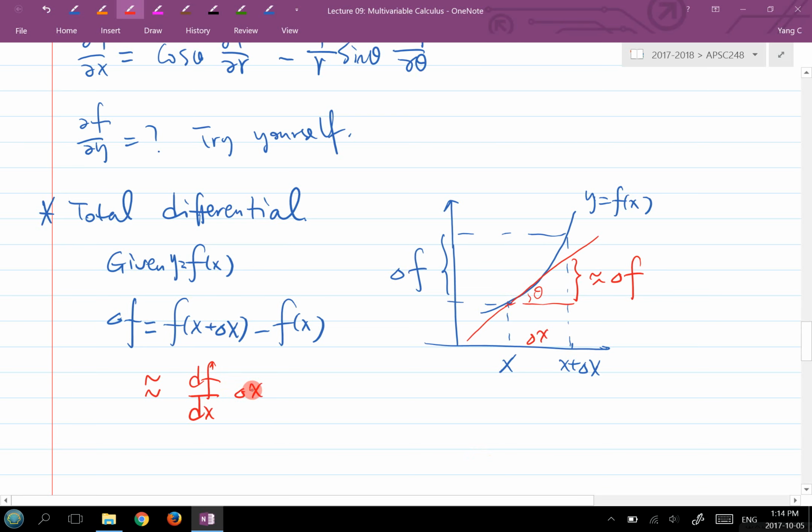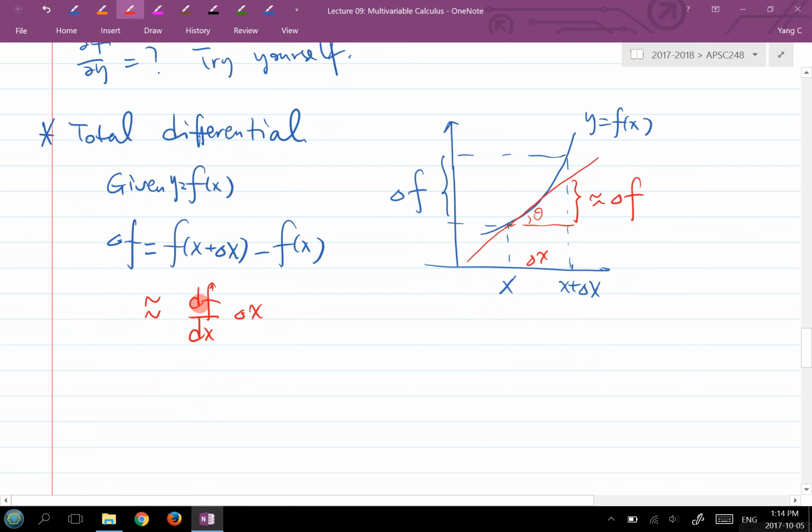So the way to write this is, often we write it, let's say, this is y, dy over dx equal to, or df over dx, doesn't matter, the derivative, f prime of x.